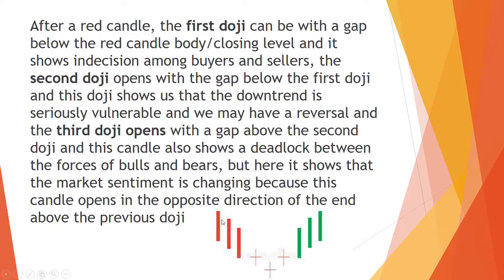So we see that after this downtrend, the first one closes below here, and then the other one closes below the previous one, and then the last one, which is the third doji, opens above the second doji, and then we have an uptrend.